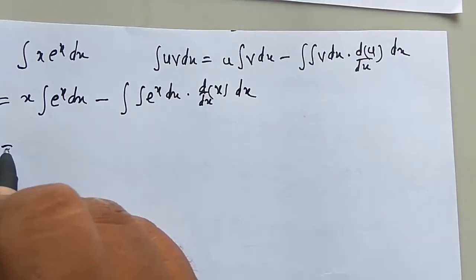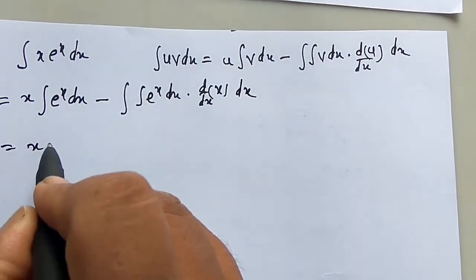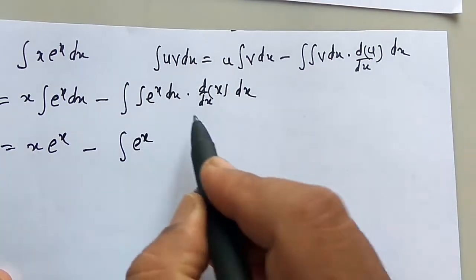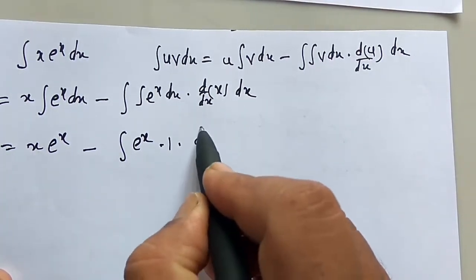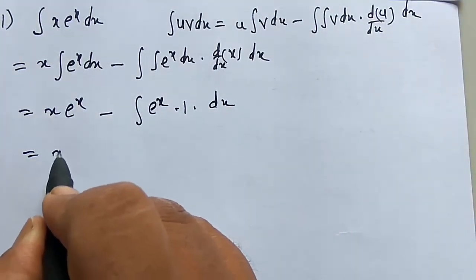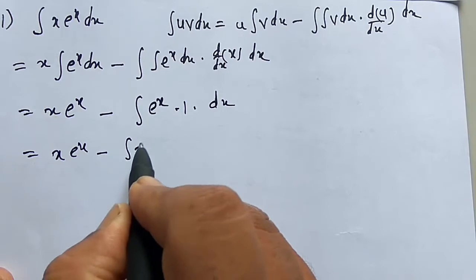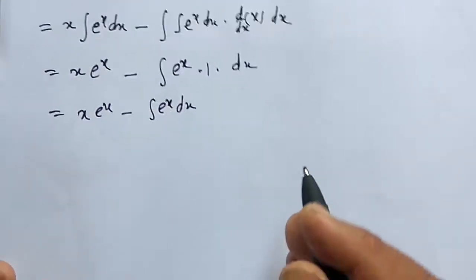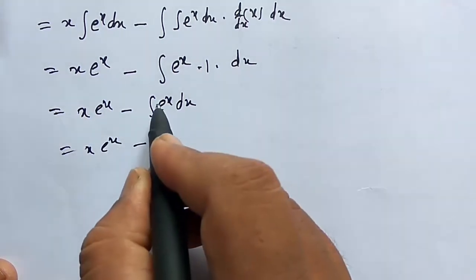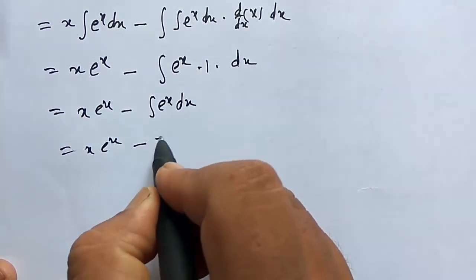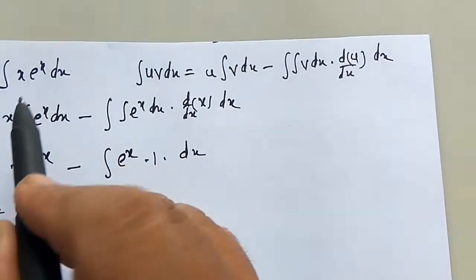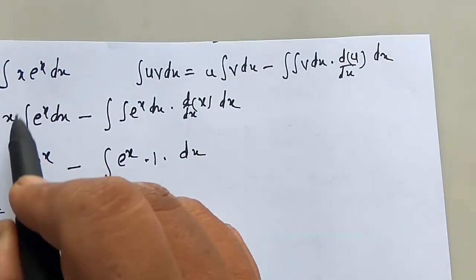Now this is equal to x e raised to x minus integration of e raised to x into 1 dx, which is equal to x e raised to x minus e raised to x plus some constant.